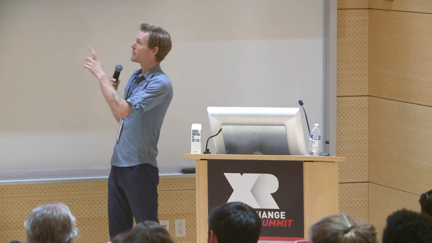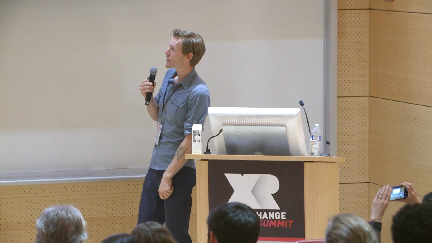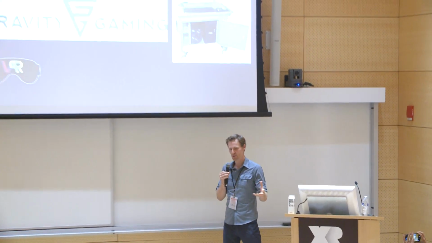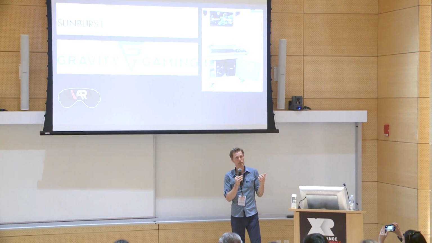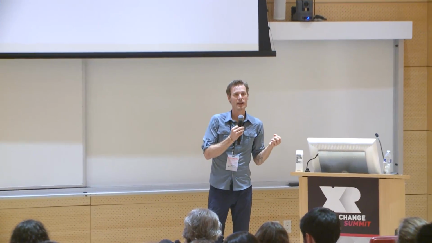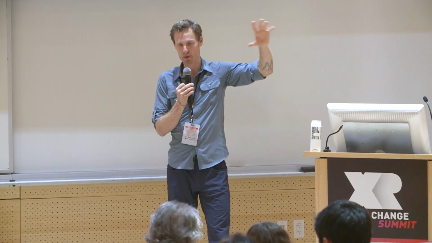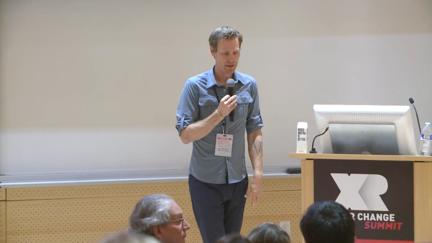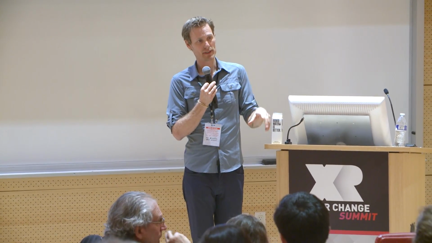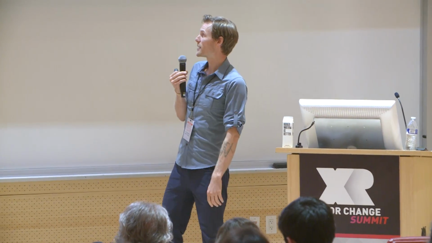Here's a couple of examples. So you get digital publishers like Sunburst Digital out of Chicago. You get Gravity Gaming, which create basically turnkey VR solutions for schools and libraries, where they'll do the whole product solution with the VR cart and the hardware and everything all set up to go. And then you've also got organizations that specifically sell VR products to libraries.